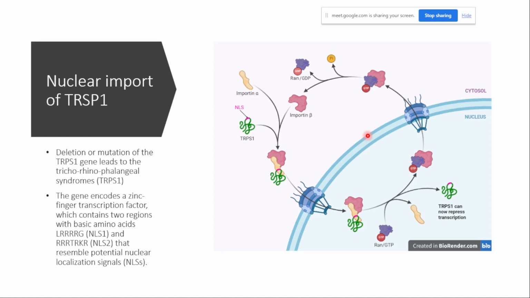This receptor should have the NLS so that it can pass through the NPC. That's why the receptor for these ligands is important, and they should be able to be transported through the nuclear membrane.